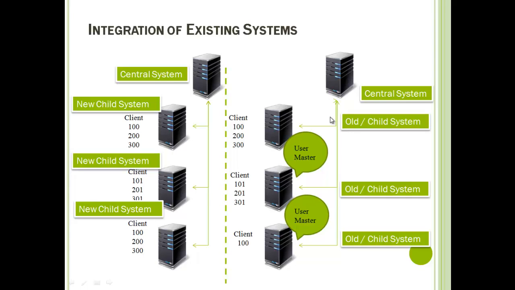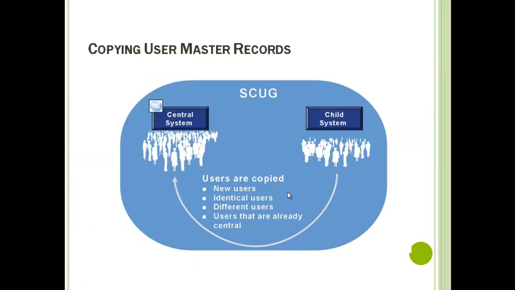So the roles and profiles should exist in the old system. For copying user master data, we will be using a transaction code called SCUG. Using this transaction code, all the existing user master records are migrated to the central system.